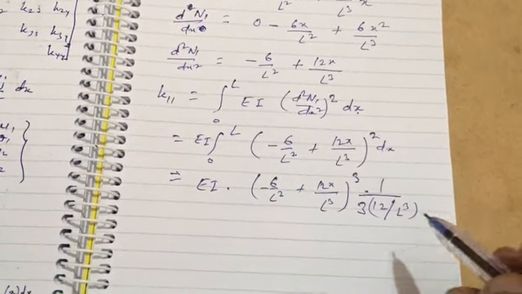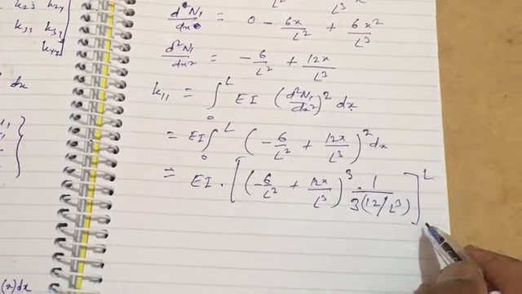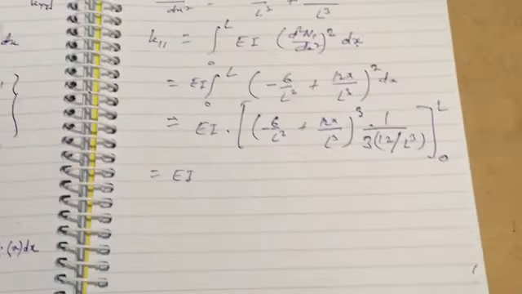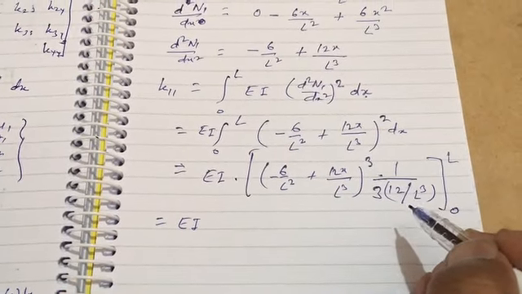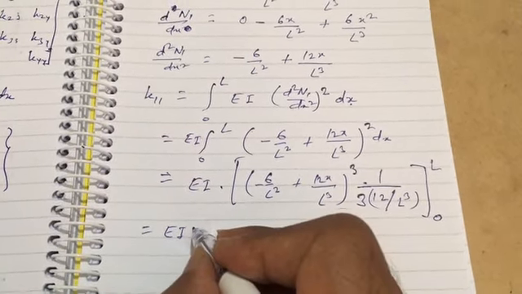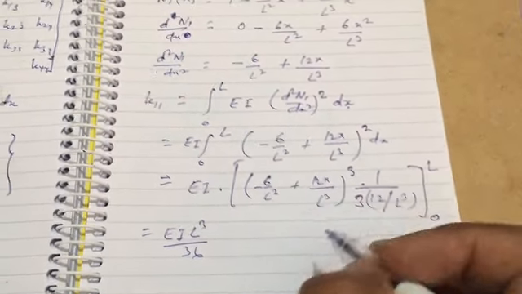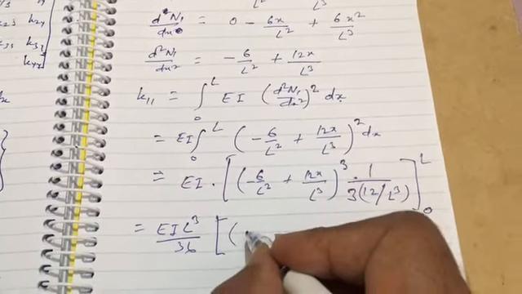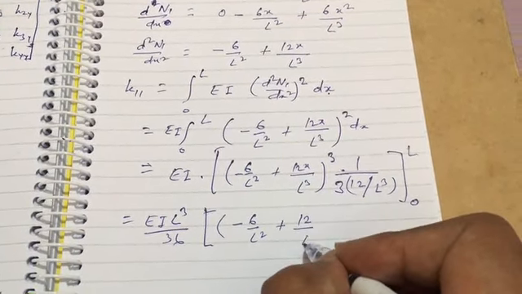So it's like this, and has to be evaluated from 0 to L. So equal to EI, then let's take this outside. What we get is L cube over 36. Then we have this term. Put L here, so we get minus 6 over L square plus 12 over L square.